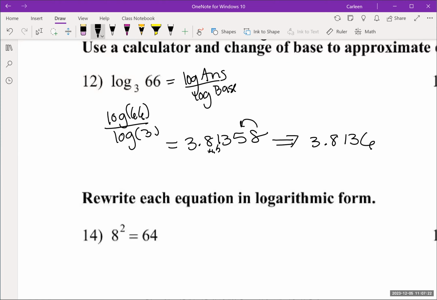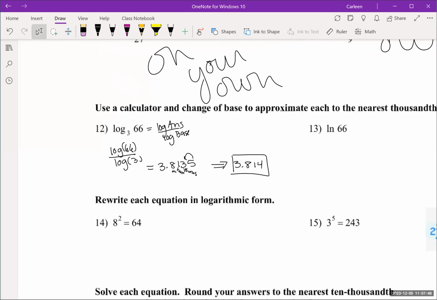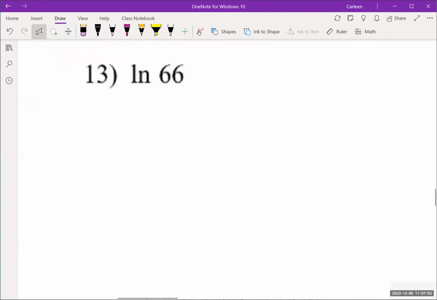Tenths, this is hundredths. This is thousandths. Sorry. So the 5 is going to bump this one up. 3.814 is your answer. Tenths, hundredths, thousandths.